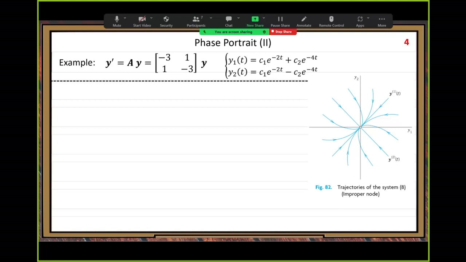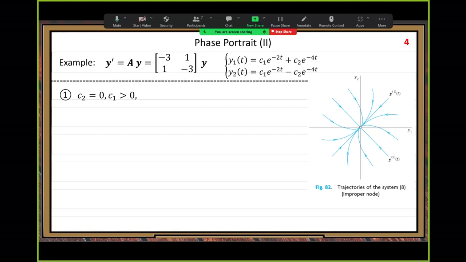There are many different types. The first type is the simplest. The first case, we consider this special case: C2 equals 0, and C1 is positive.